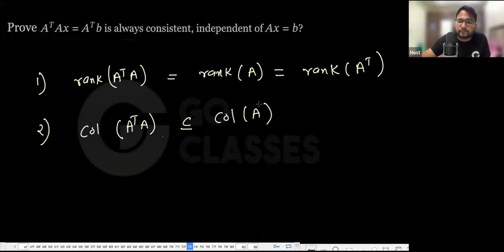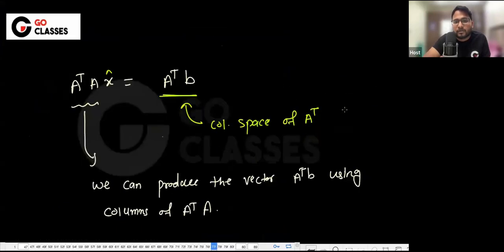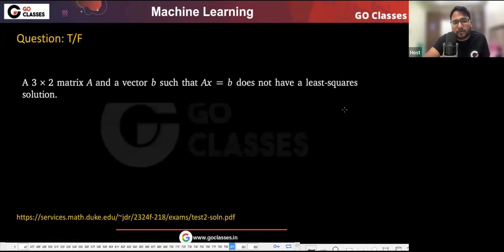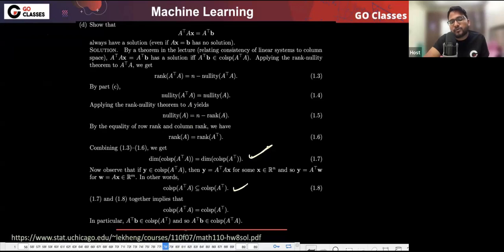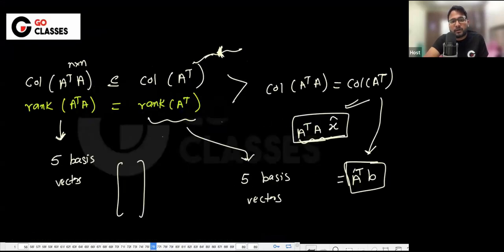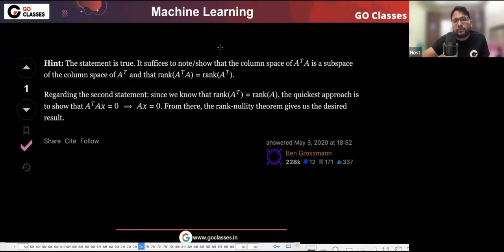Okay, so you can read it, or maybe I put one or two more screenshots. At any place, the proof will follow the same thing: they will say that rank is the same, and the second thing is that the column space is a subspace.